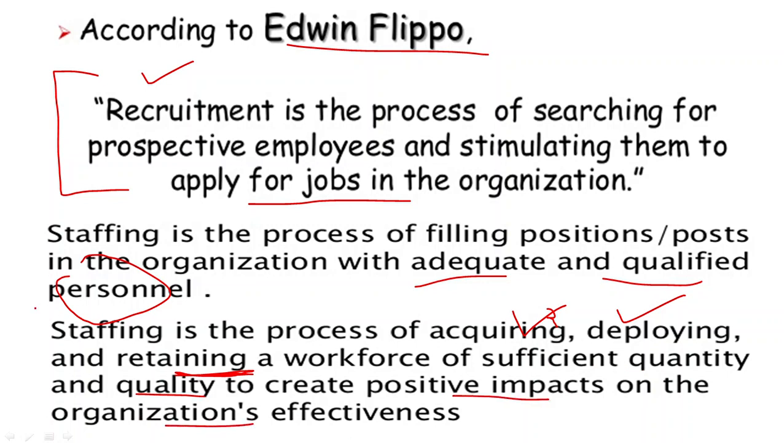So this definition talks about acquiring and deploying, and also retaining that workforce, right, of sufficient quantity and quality, the numbers and the skills required to create positive impacts on the organization's effectiveness.